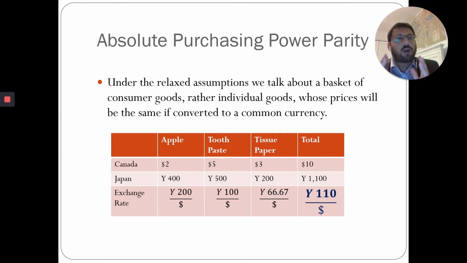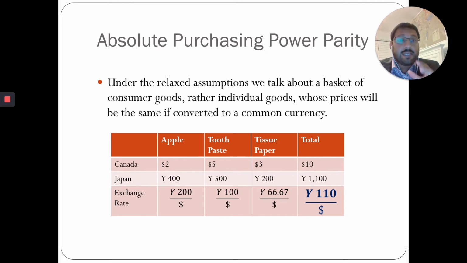So we do not talk about the individual consumer goods in the absolute purchasing power parity, because of the violation of the assumptions of transportation cost. There is always a transportation cost, there are quotas, there are tariffs. So we talk about the overall basket, and we say that the same goods do not get sold at the same price in the two different countries once we convert their prices into a common currency.